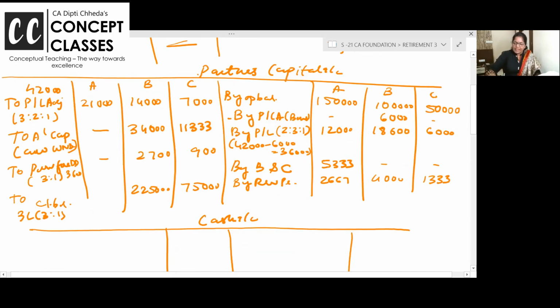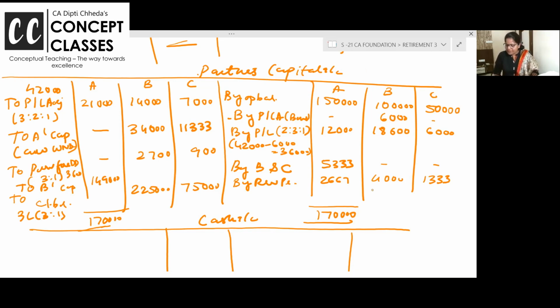Now pay off A. He is getting 150 plus 12,000 plus 533 plus 2,667. How much is it? 1,70,000 minus 21,000, so 1,49,000. Debit A, credit B. B is saying, A, I will pay you, meaning I will increase my capital.